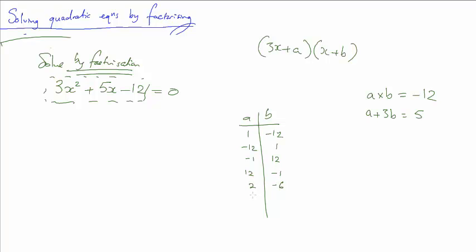Very annoying question this, as you can see, because there are quite a few different combinations. I actually have to keep going, because I can do 3 times 4 as well. Just squeeze this in. There you go.